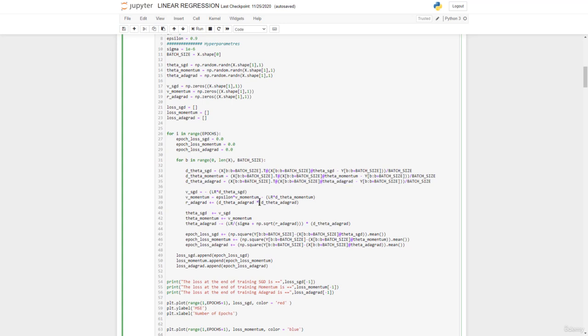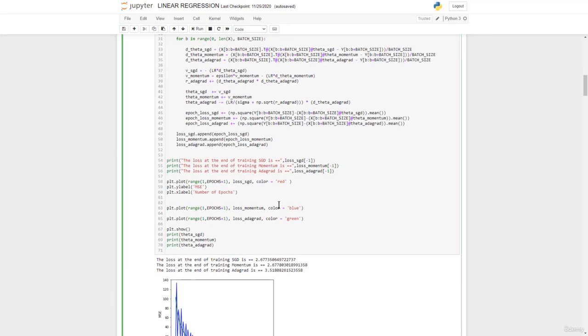Recall that this multiplication is element-wise multiplication, whereas this is actually matrix multiplication. Then we have theta Adagrad equals theta Adagrad minus the learning rate divided by sigma plus square root of R times the d theta Adagrad. As usual, we have epoch loss Adagrad, we have loss Adagrad, which is appended, and then we have our plot.